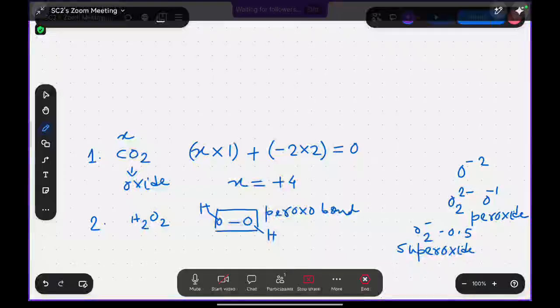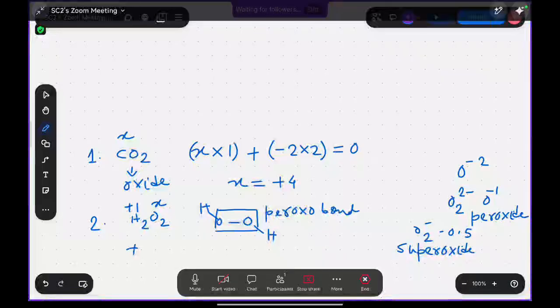We are asked to calculate the oxidation state of oxygen, so we will take oxygen to be X. Hydrogen is bonded to a more electronegative element, so it will have a plus 1 charge. If you consult my previous video, you will know that whenever hydrogen is bonded to a more non-metallic or more electronegative element, it bears a plus 1 oxidation state.